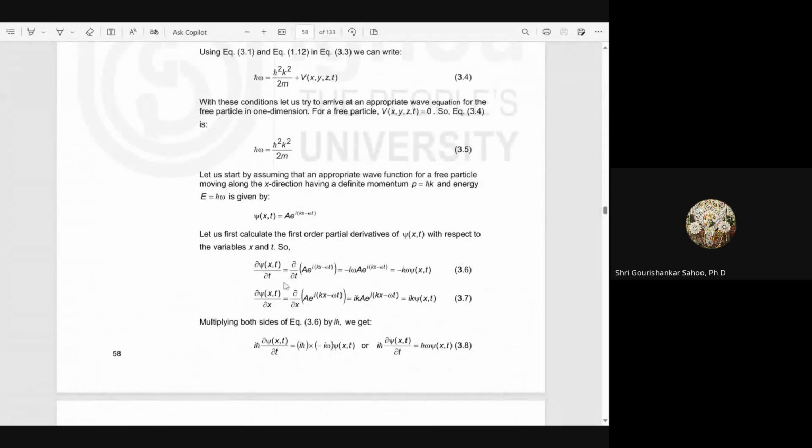There are differential equations as F is equal to m d square x by dt square; similarly, here is also a differential equation. Some are different. In classical mechanics, the Newtonian force law has a real part only, but here we have both real and imaginary parts. So let us discuss all these.